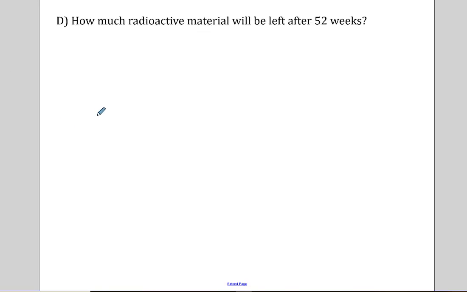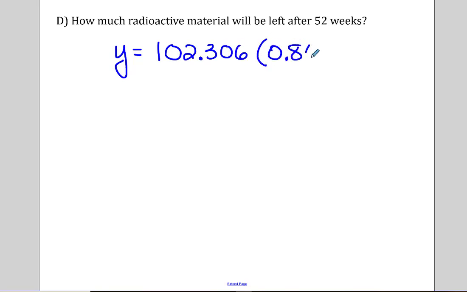And then part D, how much radioactive material would be left after 52 weeks? So we have our formula. Y is 102.306 times 0.8693 to 52 weeks.